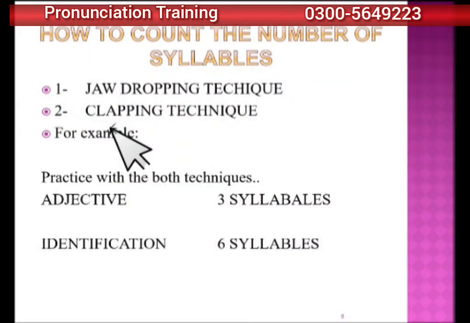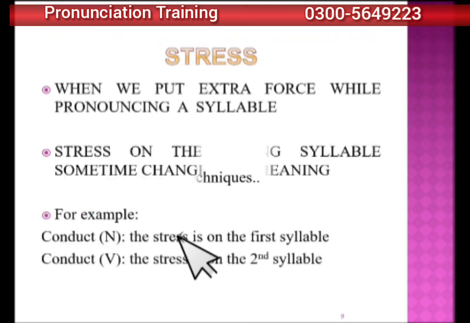You can just clap. How many times do you clap? So these are just activities to count the syllables. You can practice with, for example, adjective, 3 syllables. Then identification, 6 syllables. So this you can practice yourself.